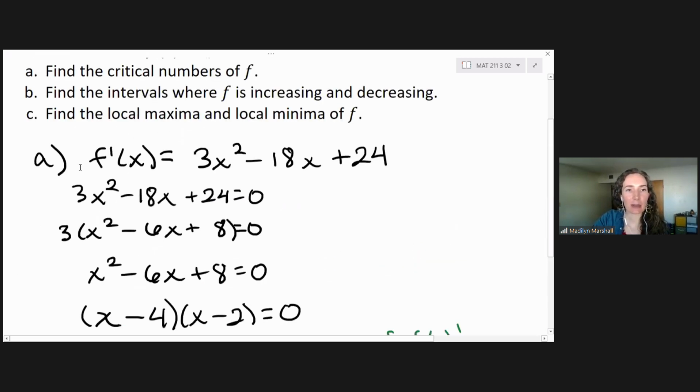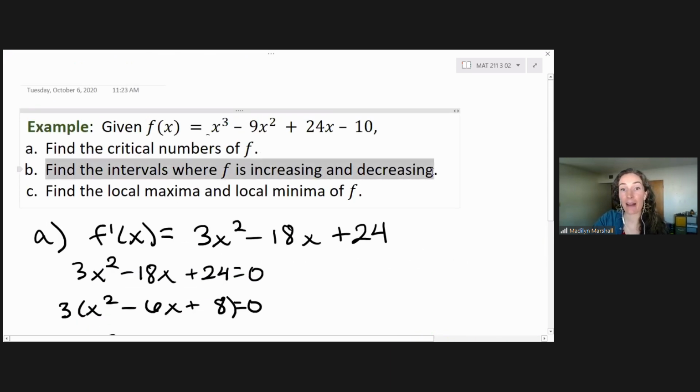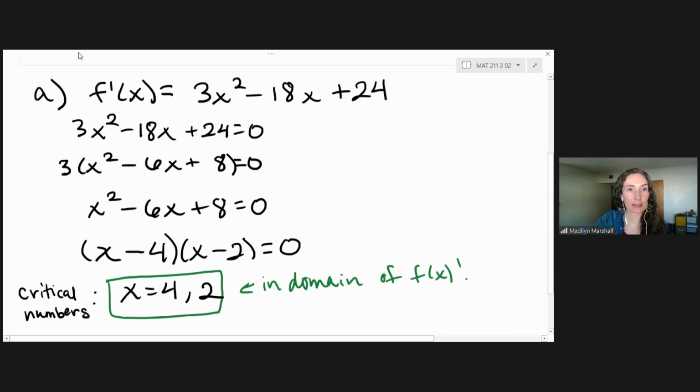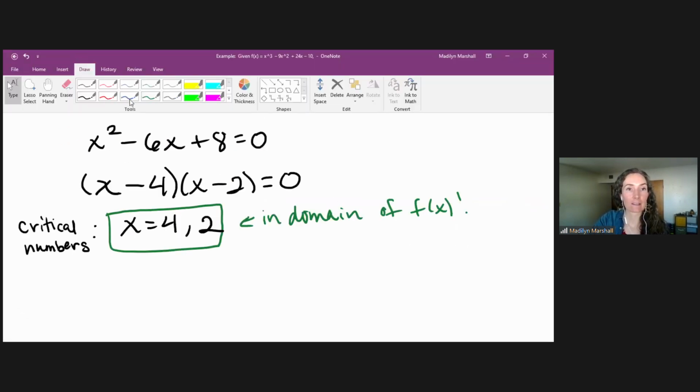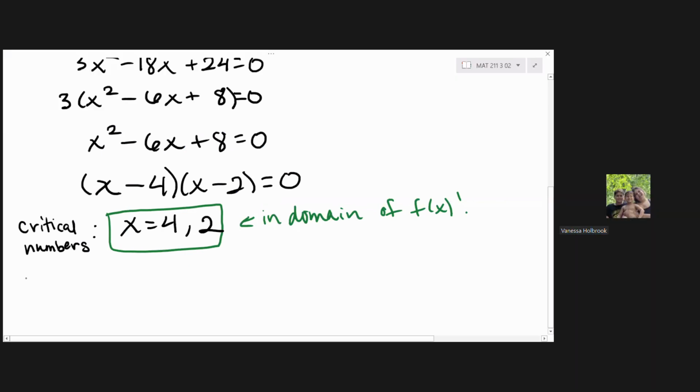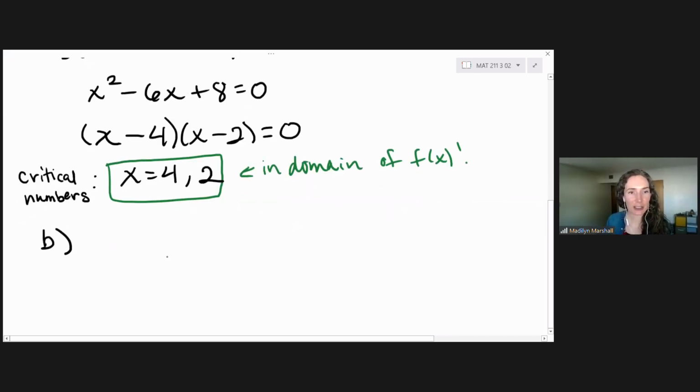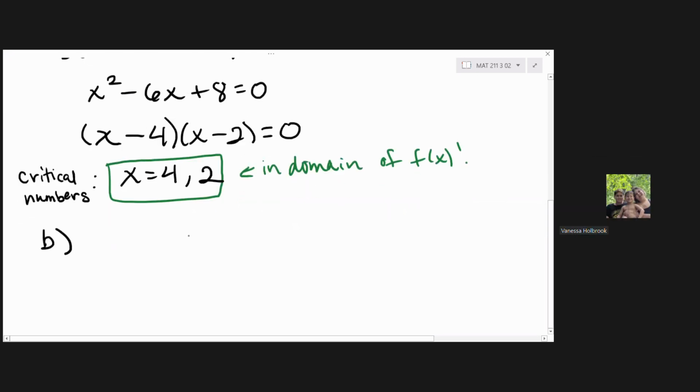So our next step is to find the intervals where f is increasing and decreasing. We did this on Thursday as well. We do a number line. Yes, exactly. So we can make a sign chart, which is a number line of f prime.